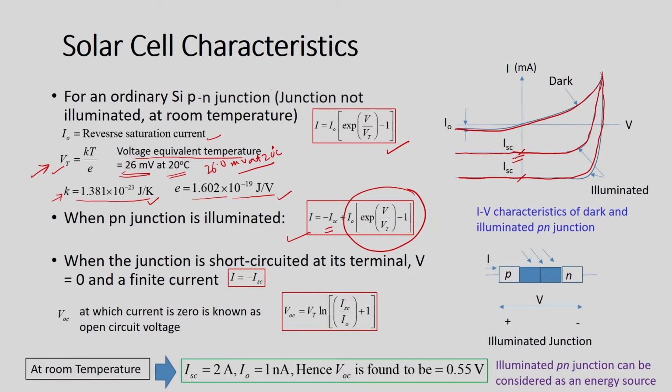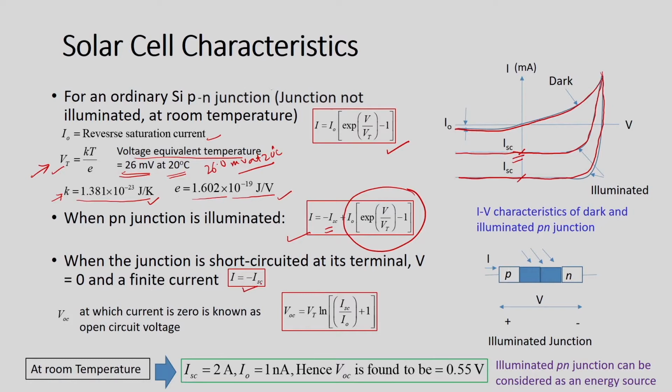When the junction is short circuited at its terminals, this voltage V is 0, and a finite current I equal to ISC will flow through this junction from the positive terminal to the negative terminal. This current is known as the short circuit current.